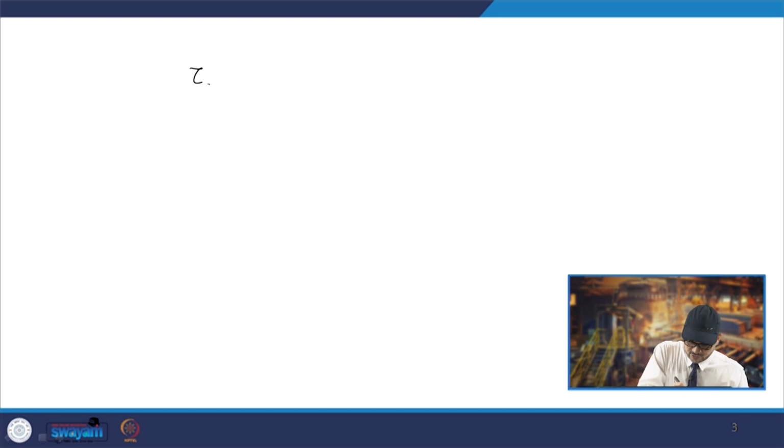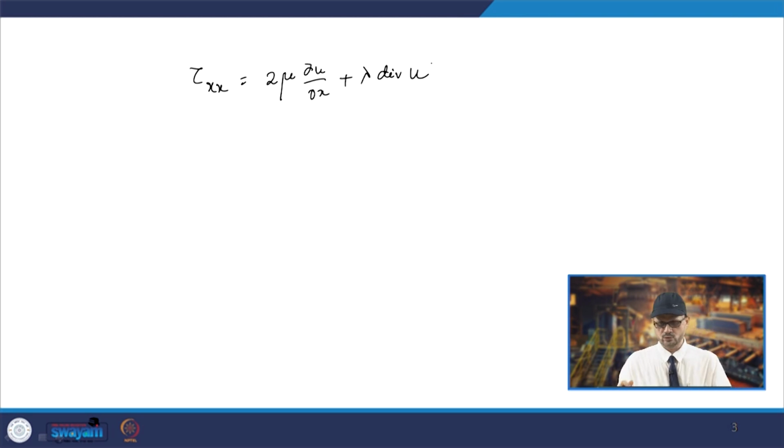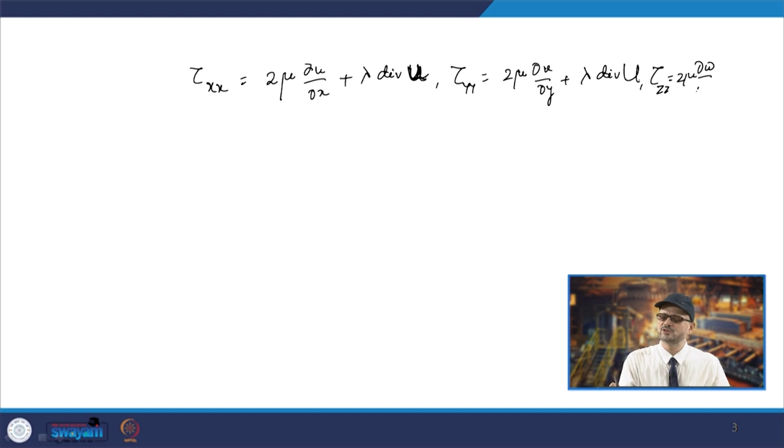So, what you see is tau xx is defined as 2 mu dou u by dou x plus lambda div u. Similarly, tau yy will be 2 mu dou v by dou y plus lambda div u, and tau zz will be again 2 mu dou w by dou z plus lambda div u.